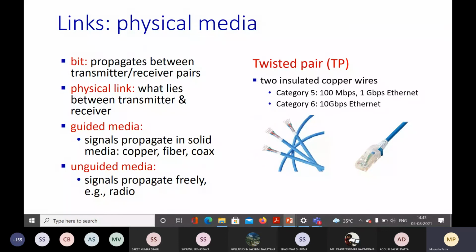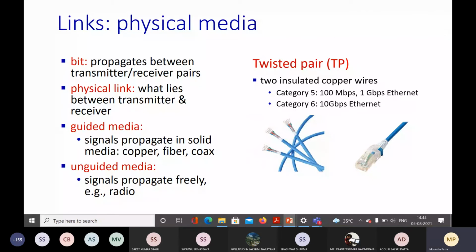It can be either a copper wire cable, a coaxial cable, or it can also be an optical fiber. The other one is the unguided media, where signals propagate freely. And where are they freely propagating? Over the air, right? That's the medium there. For example, you have radio signals, which follow an unguided media for their propagation.